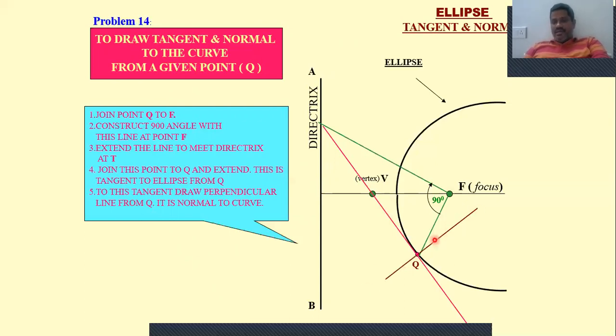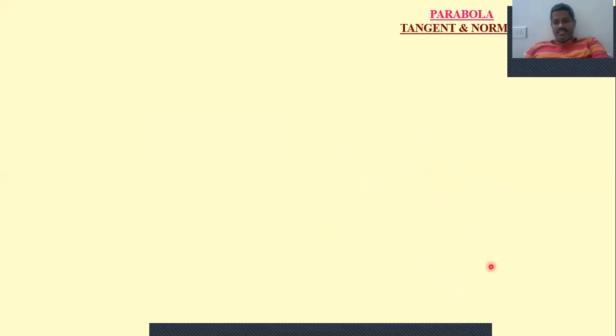So this will become the normal and this will become the tangent to the ellipse, which is on the ellipse curve. NN is your normal and TT is your tangent.